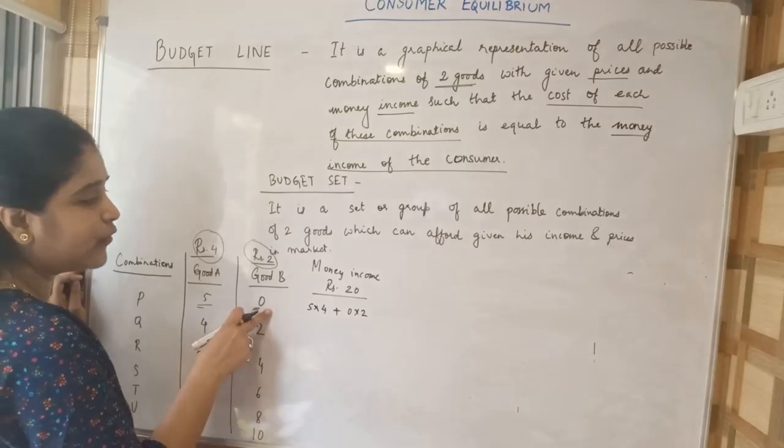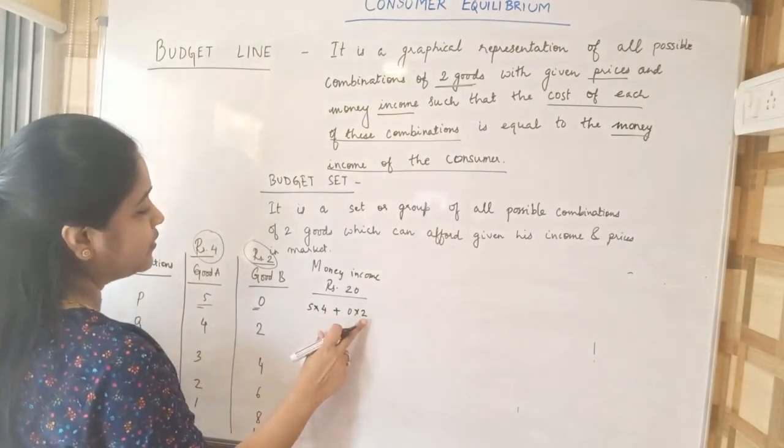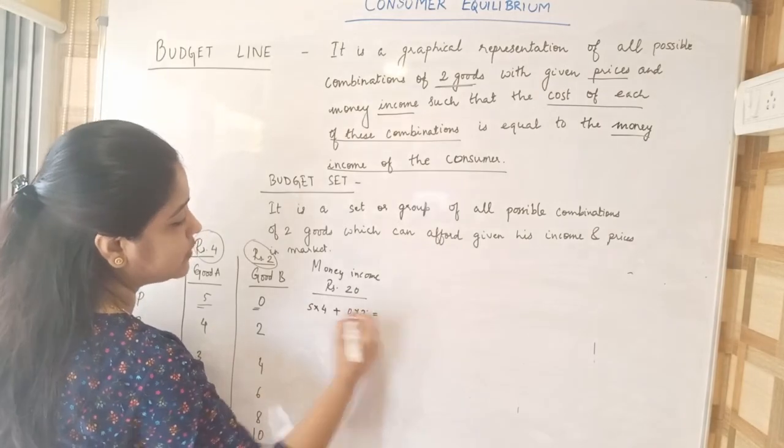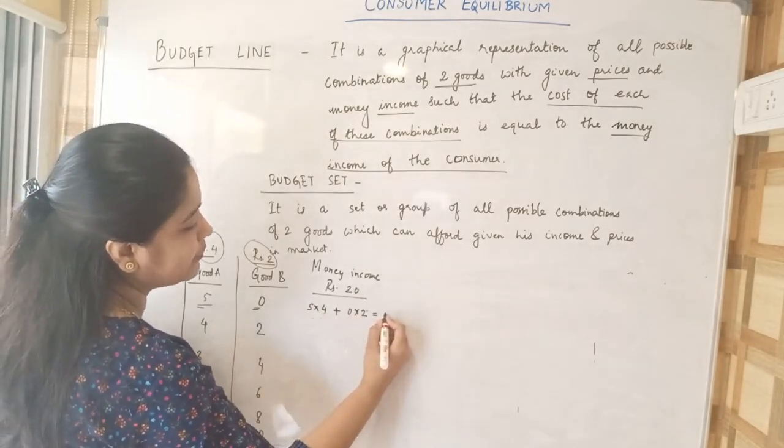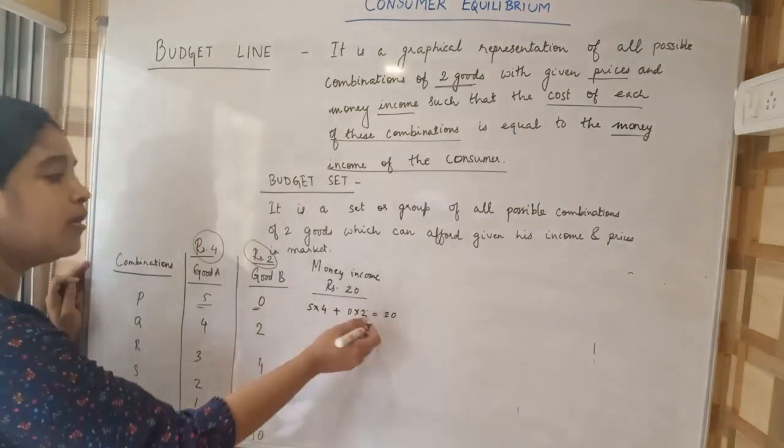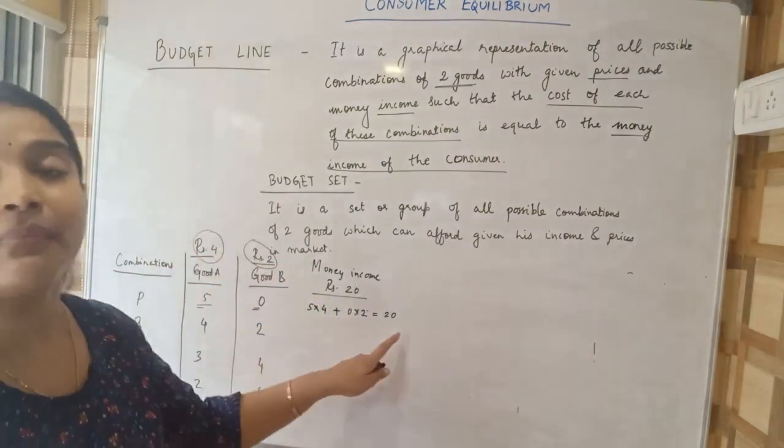We are buying 0 units of good B, so 2 is multiplied with it. So 5 into 4, 20, plus 0, which is equal to 20. So the cost is equal to the money income.